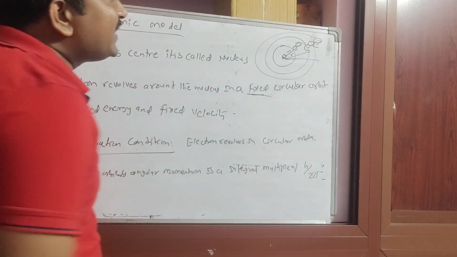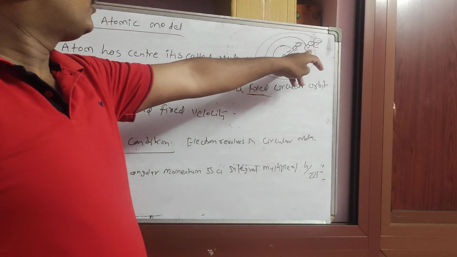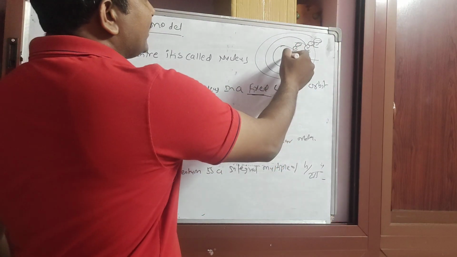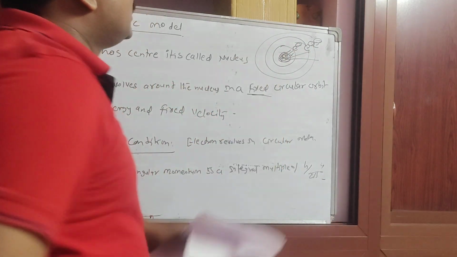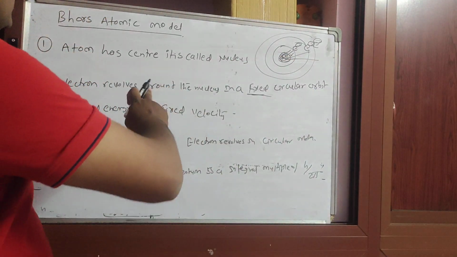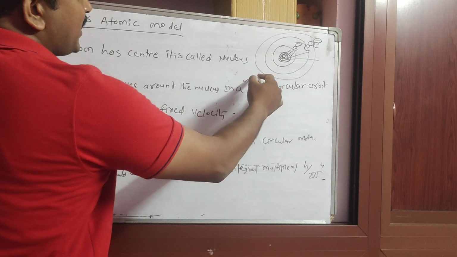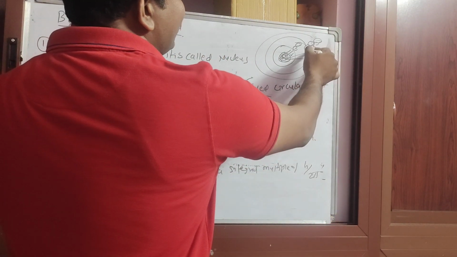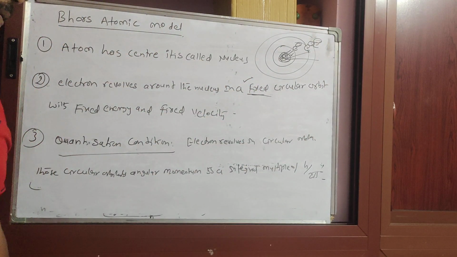It revolves only at particular fixed positions, not like that. It is in a particular fixed orbit only. This is what Bohr's atomic model says. This fixed orbit has fixed energy and also fixed velocity.